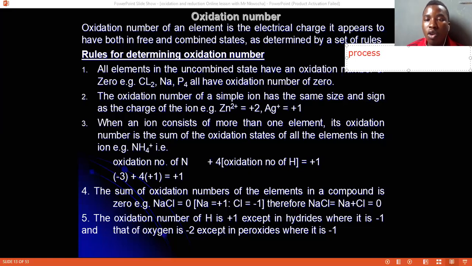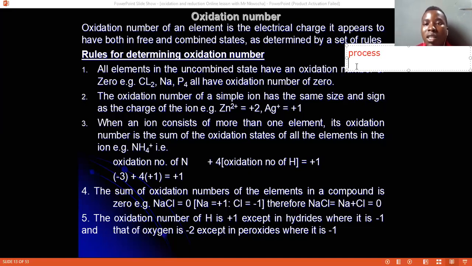Now, for every element, when it gains an electron, the number of electrons will increase, so it becomes more negatively charged.